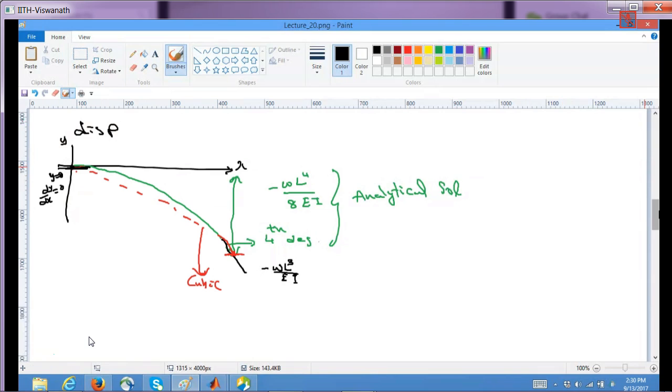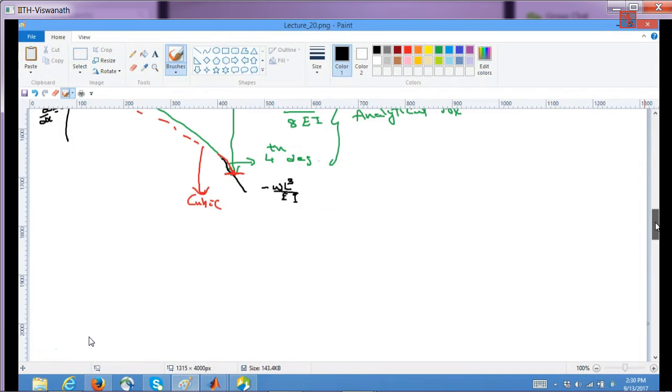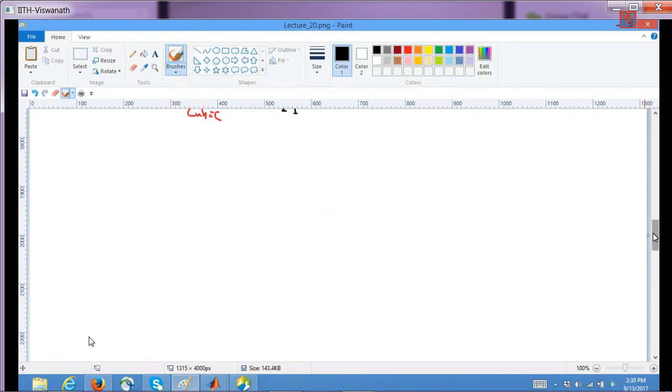Similarly, if you plot the other curves, you can see the bending moment, if I draw the bending moment with respect to x.